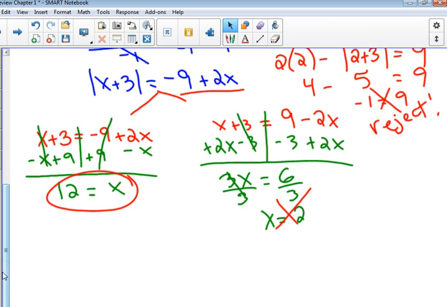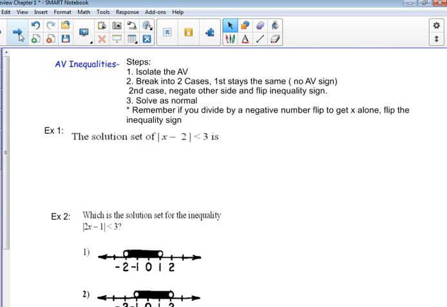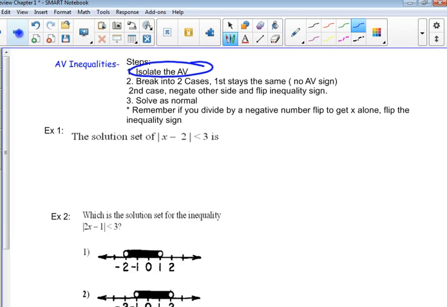Do you guys remember these? Okay, good. So absolute value inequalities are basically the same exact thing. We got to make sure the absolute value is by itself. We're going to do our two cases again. Case 1 stays the same. Case 2, though, we have one extra step. We're going to negate the other side, and then we have to remember to flip the inequality sign, and then solve as normal.